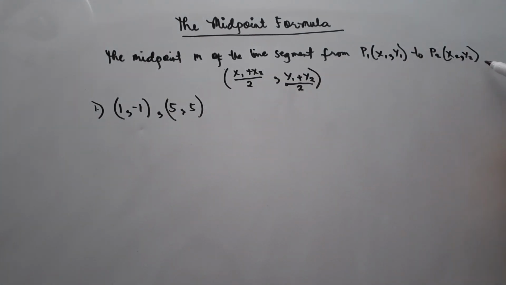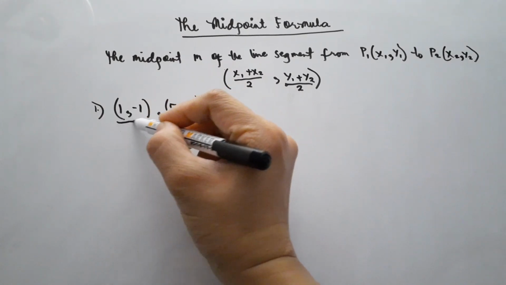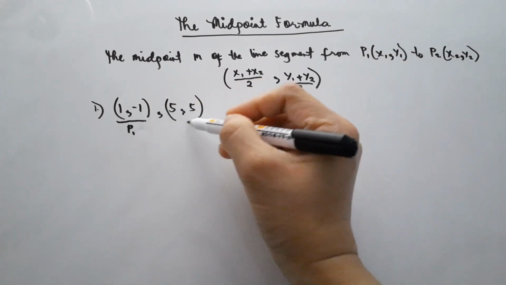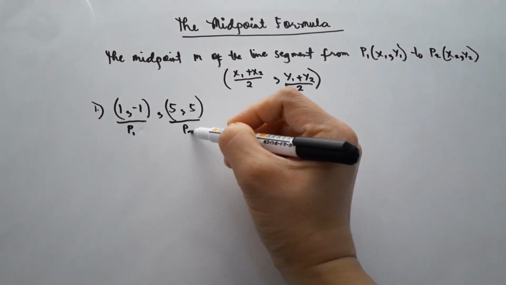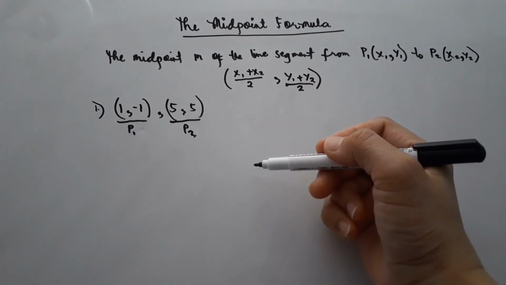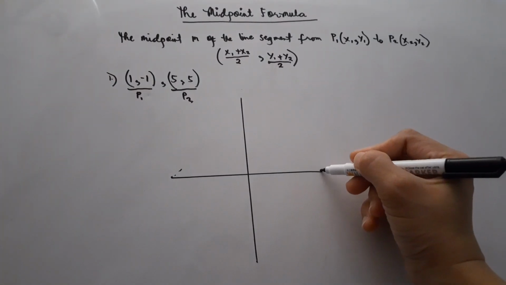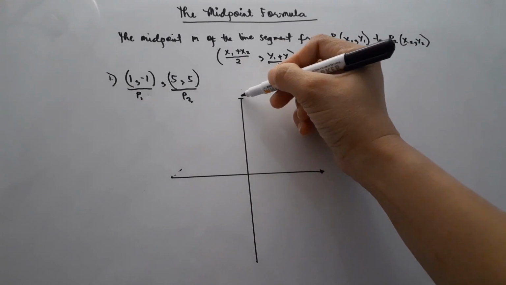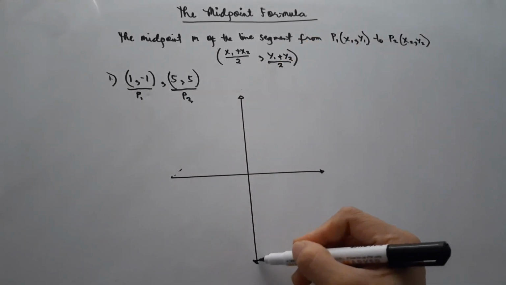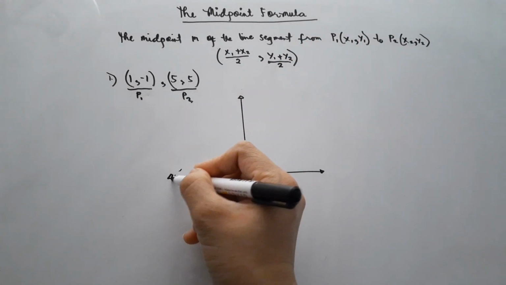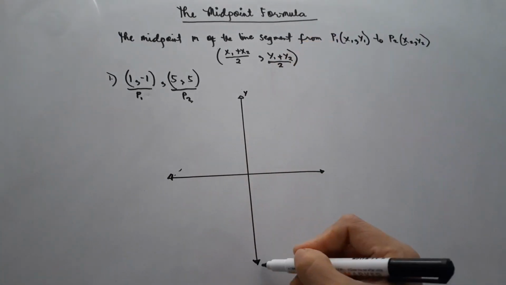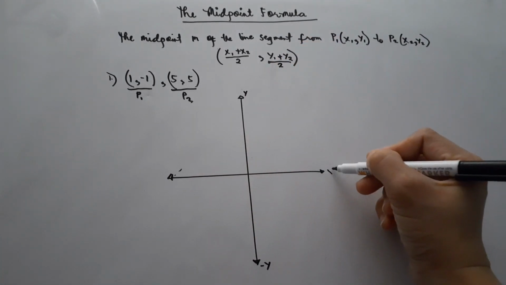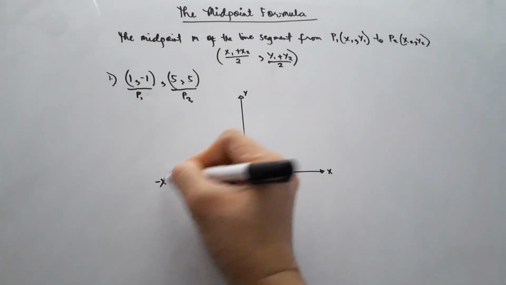So let's take the graph and we locate its location. This is point 1 and this is point 2. And then we draw in the graph and we locate its vertices. So we have the xy plane, with the y plane and negative y plane, and x plane and negative x.